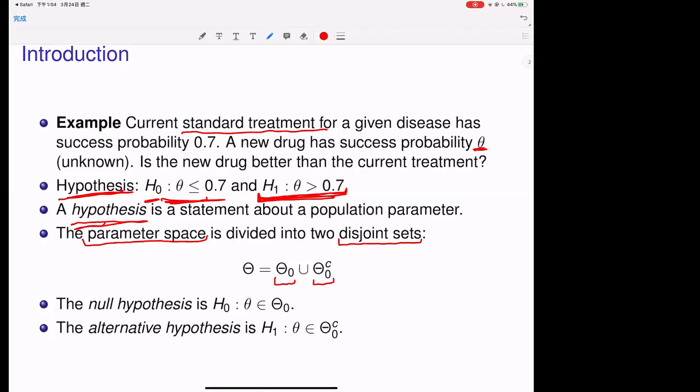Theta will be the overall space, and this guy would be the null space. So the null hypothesis is H0: theta belongs to the null space, compared to my alternative: theta belongs to the complement space. Easy.